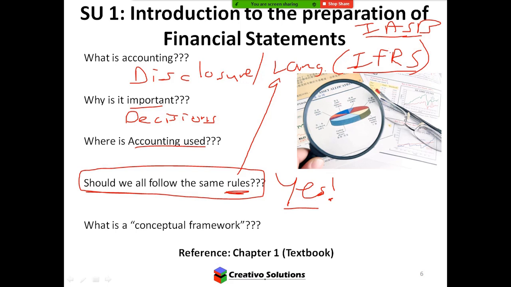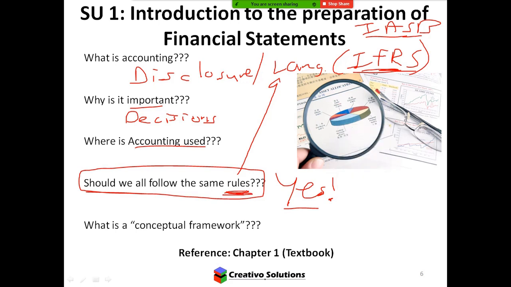Hundreds of countries in the world use the same rules to represent accounting information, financial information, transactions, business. Any of those transactions have to follow those rules and have to be disclosed appropriately. So IFRS is international. Lots of countries use the rules, and they're all the same.